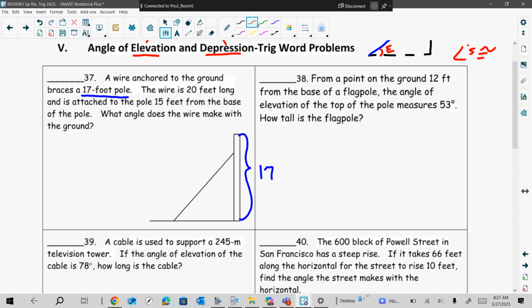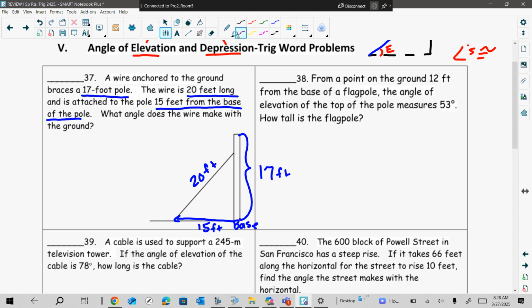It also says that the wire is 20 feet long. The wire is this diagonal piece. So we're putting the 20 feet there. And then it says it is attached to the pole 15 feet from the base of the pole. So this is the base down here, the pole. If I go 15 feet away, I'm going this direction. So there's your 15 feet.